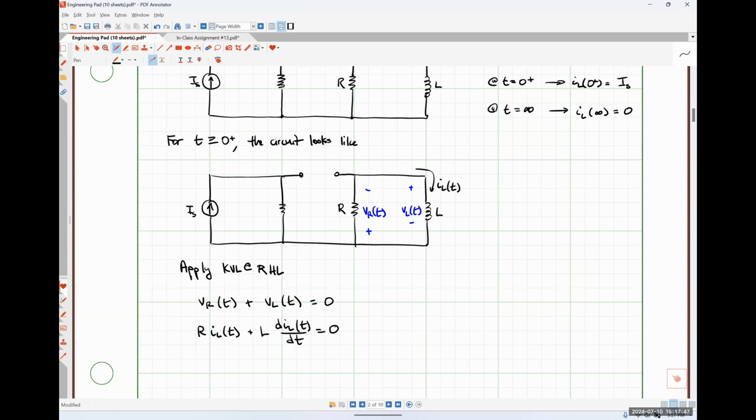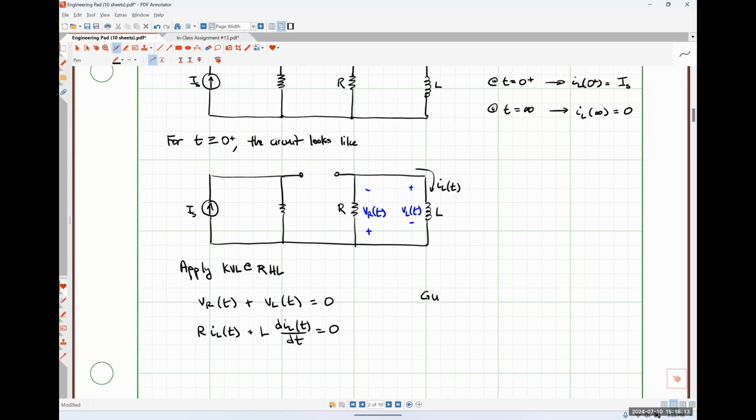And so what we have is another linear homogeneous first order differential equation. So since guessing that our waveform would be an exponentially decaying signal worked so well for us last time, we're going to make the exact same guess here to solve the same type of differential equation.